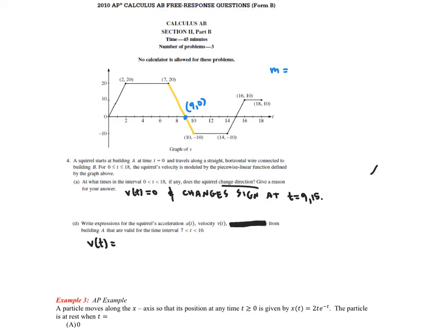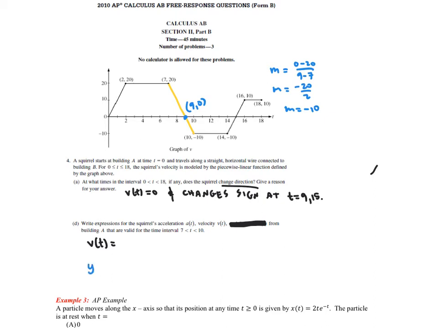So I'll take 9, 0 and 7, 20. So 0 minus 20 over 9 minus 7. Our slope comes out to be negative 20 over 2. So the slope of that line is negative 10. So v of t, first I'm going to use point slope form here.